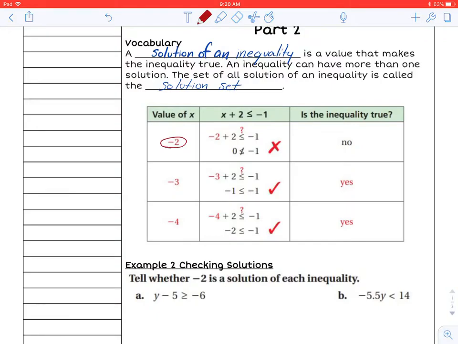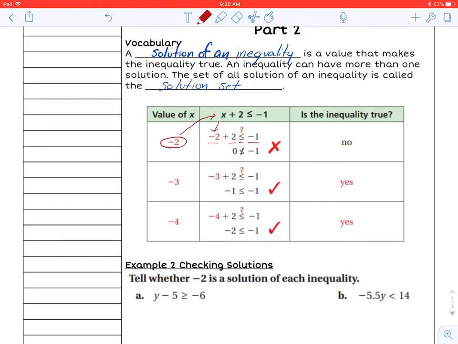Here I've got -2 for this value of x, and if I go to my inequality and plug in -2 for x, which is what they've done here, then now I have the inequality of -2 plus 2, and we have to see if -2 plus 2 is going to be less than or equal to -1.